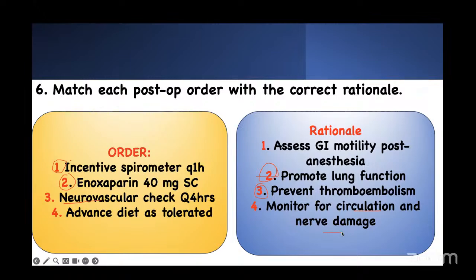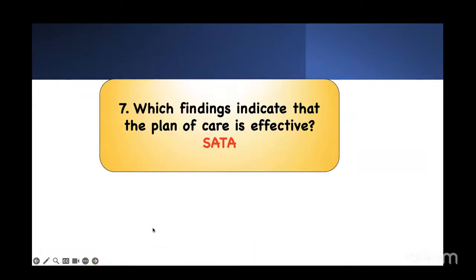And I advise your diet to make sure your GI motility is waking up. We don't just slam you on regular food right after surgery. We give you diet, advise you clear liquid, full liquid, and then regular diet. We are assessing GI motility post anesthesia because everything slowed down. That is the purpose. So that's the pairing. It's a straightforward question testing your fundamentals, right? And I know you know it.